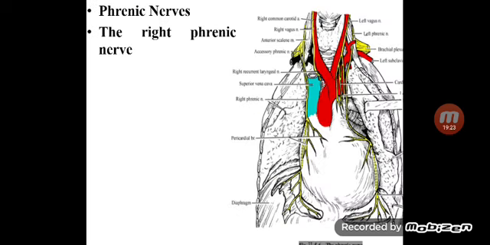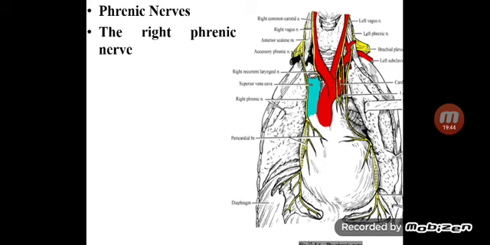Phrenic nerves. The phrenic nerve arises from the anterior rami of the third up to fifth cervical nerves, that is, the anterior rami of C3, C4, C5.